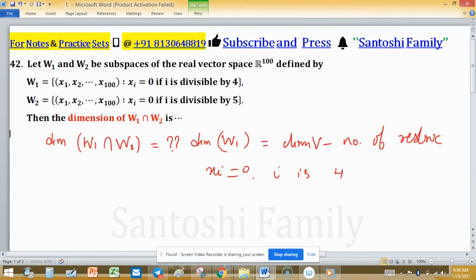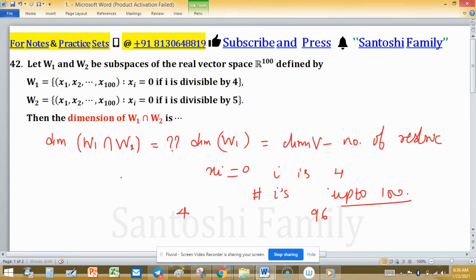So how many i are there, the number of i up to 100? The least i will be 4 and the largest one will be 96.